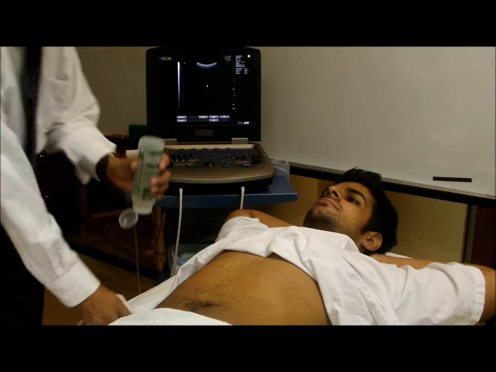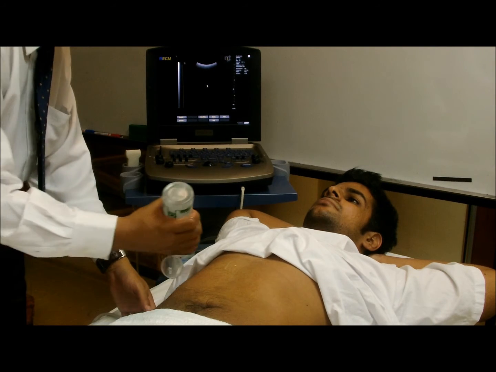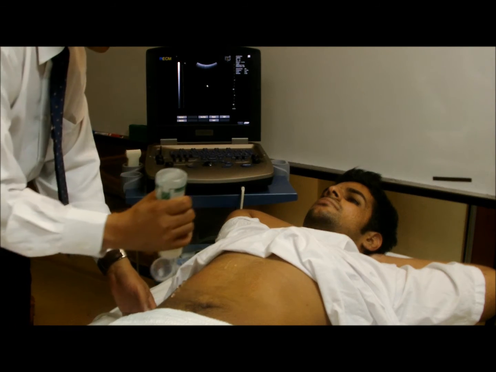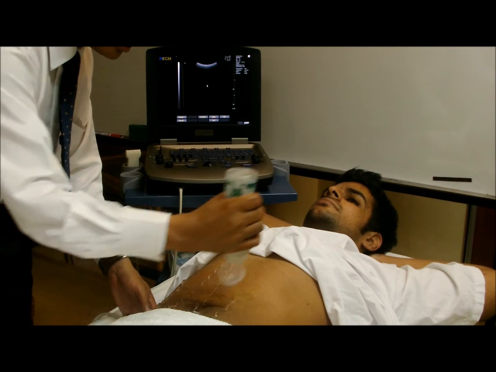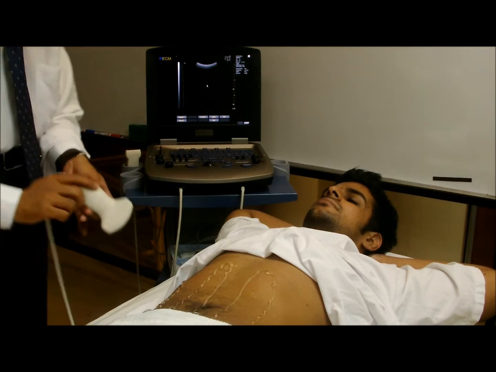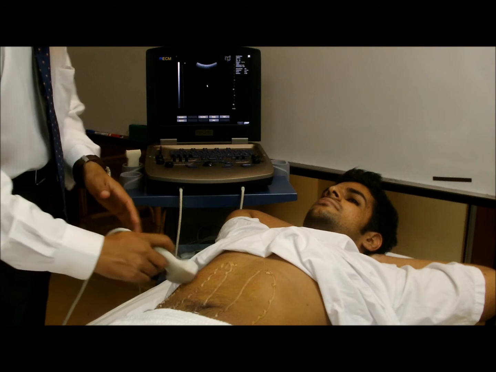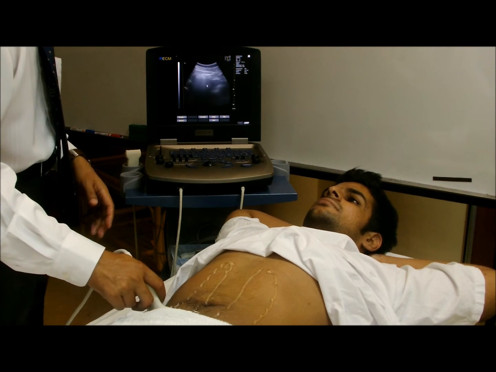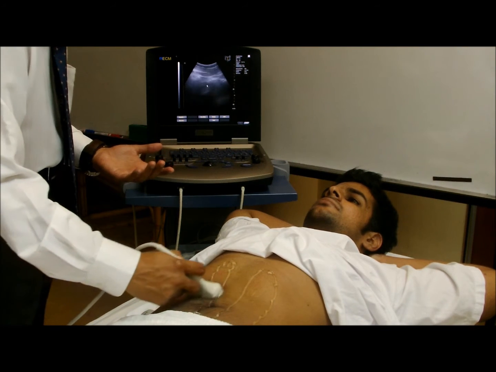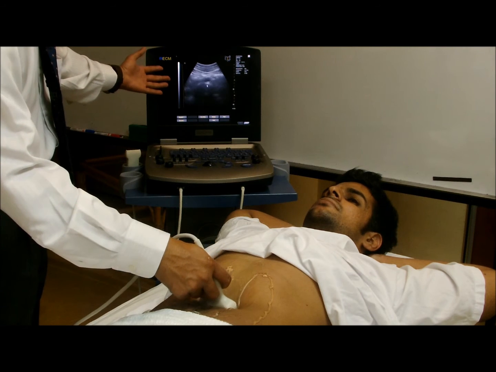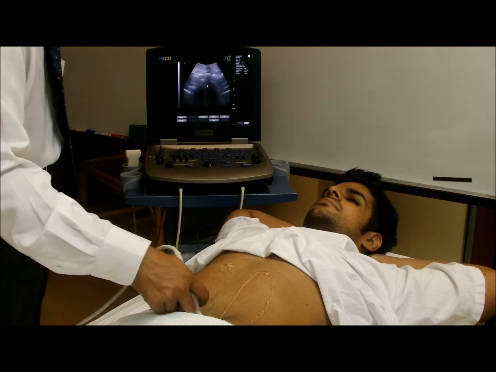You could explore the small bowel by lawn mowing it from here up, down, like that, in the center of the abdomen. In a normal patient you won't see much except for bowel gas, which appears like bright shadows.